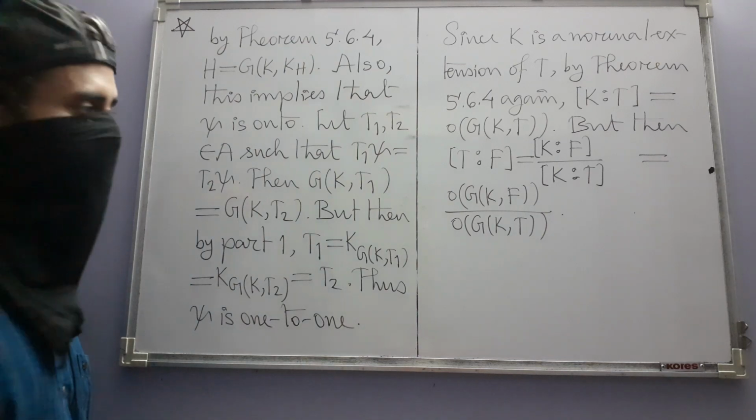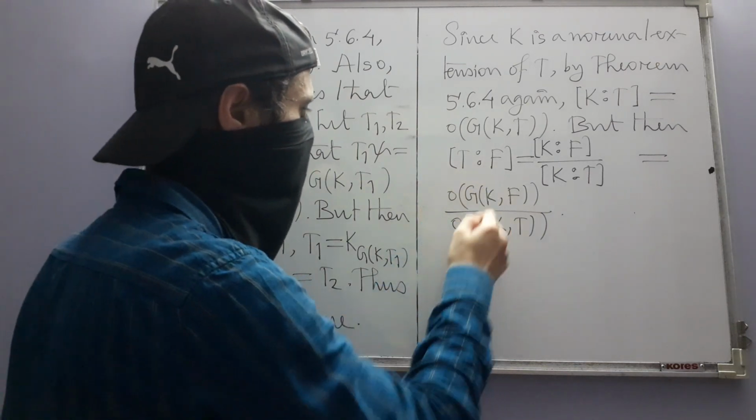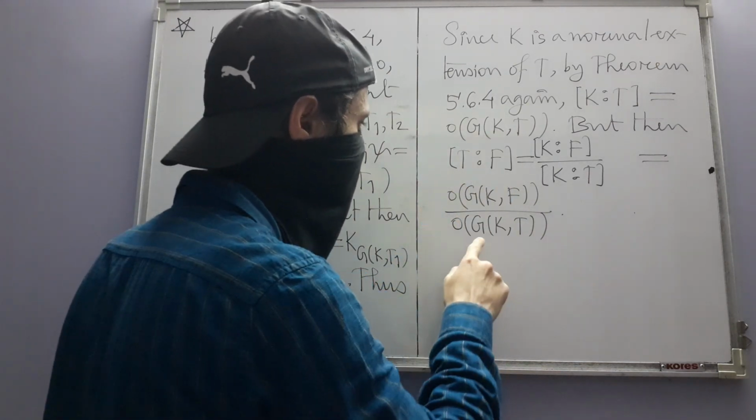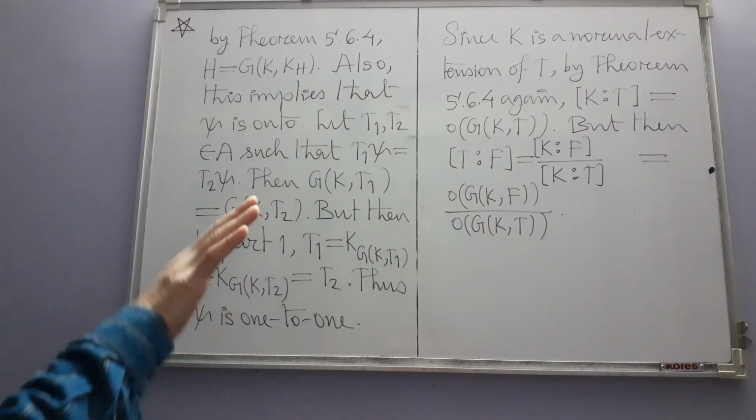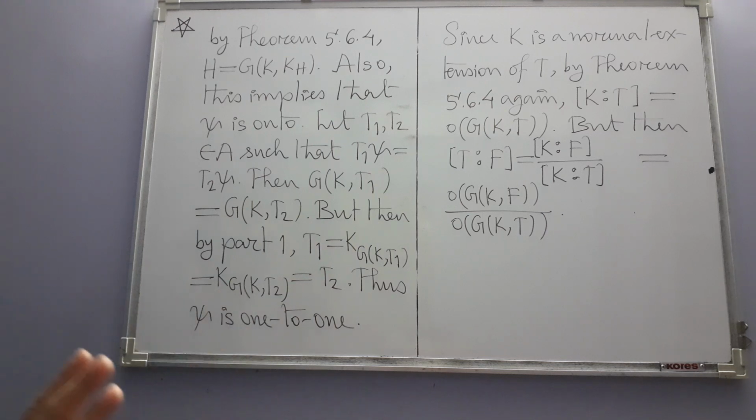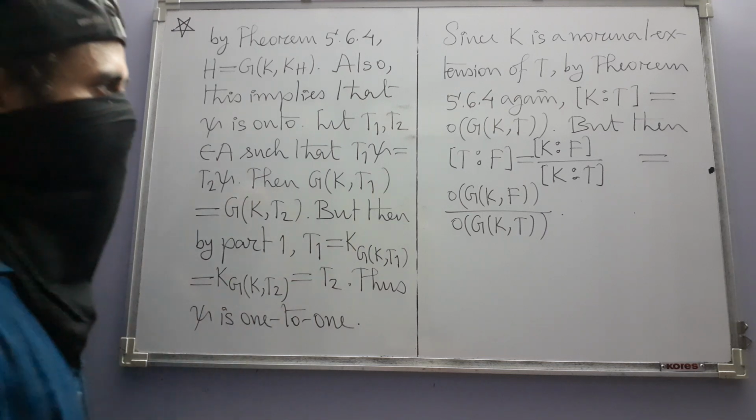So that's how the degree of T over F is the index of this group in the Galois group. So everything of part 3 has now been proved.